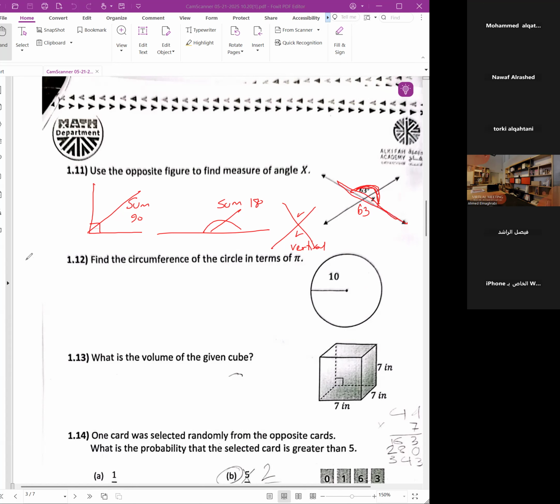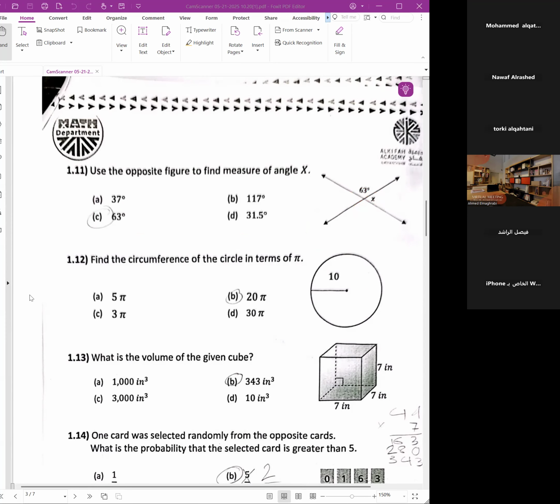The sum is 90 or 180? This one and this one are the same, but x and 63 are not the same. Is the relation 90, 180, or what? It's wrong. It's not 63. This is the wrong answer.